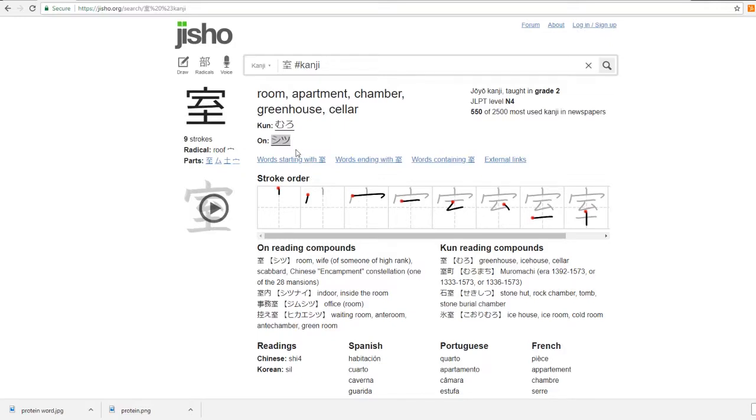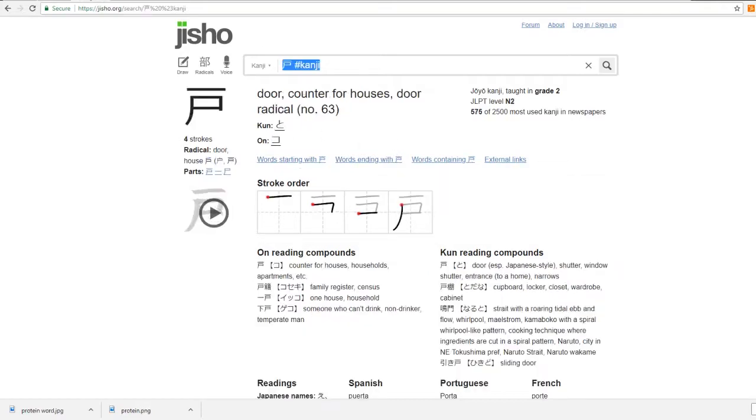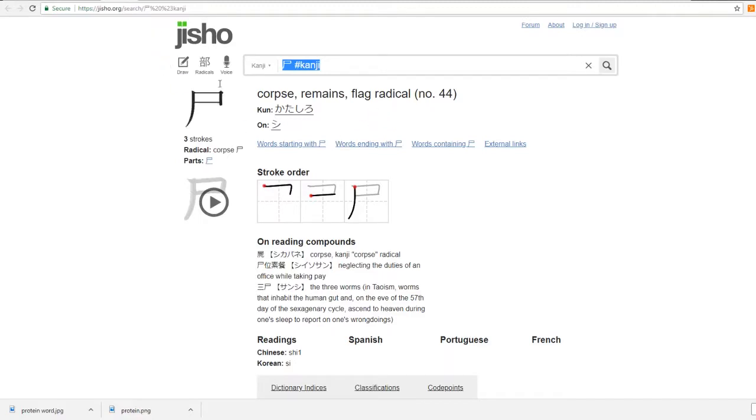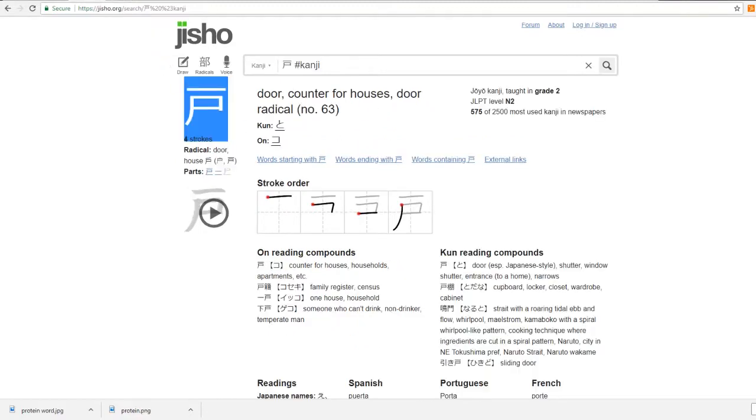The kunyomi for this is going to be muro, and the onyomi is going to be shitsu. So shitsu means room or wife, and muro means greenhouse, cellar.